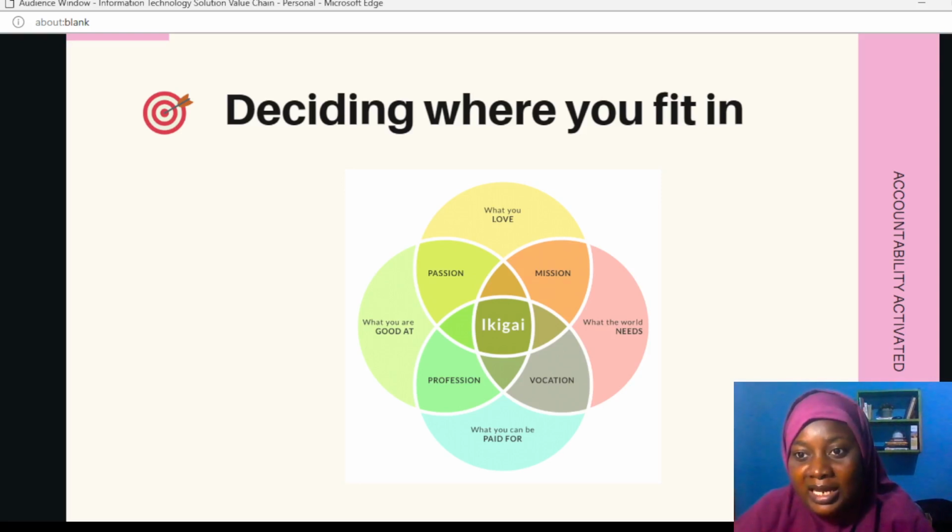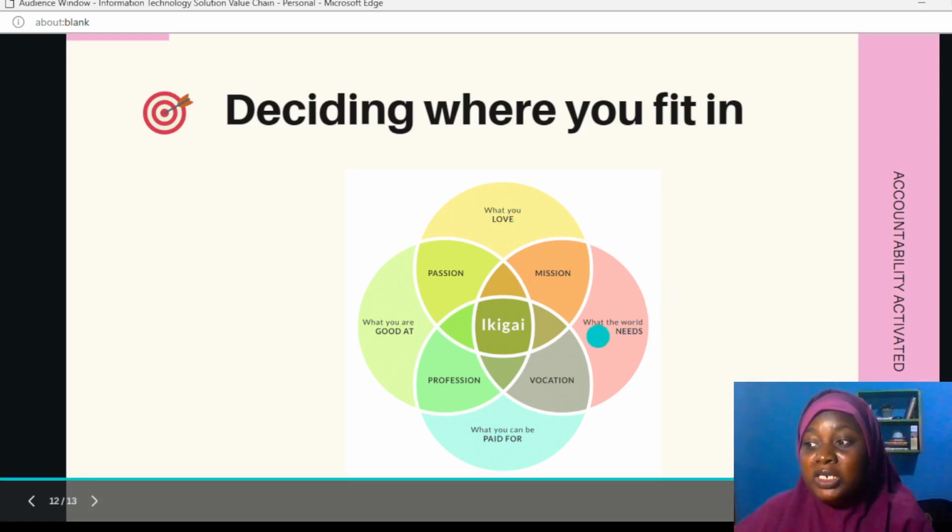The skills are required in a lot of organizations. There are a lot of job openings on the skills. So that has to do with what the world needs. So you need to identify, okay, this is what is needed, this is where I can contribute, this is what I'm good at, what I love doing. And what you can be paid for is a little bit linked to this.